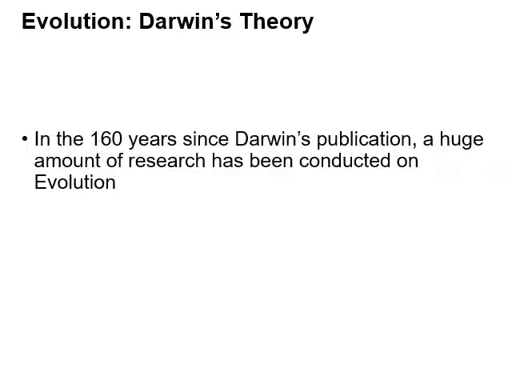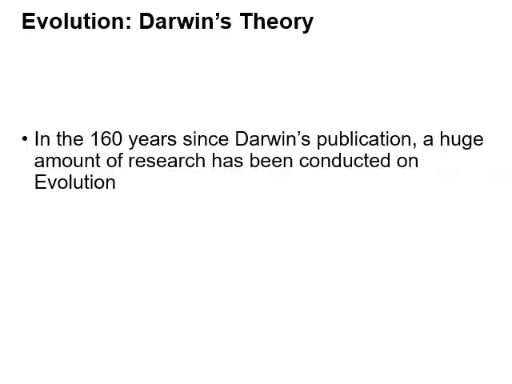So it's now been over 160 years since Darwin first published that very important book. A huge amount of research has been conducted on evolution. And all of that research has pointed to the fact that Darwin was totally right, which is why Darwin's ideas went from the level of hypothesis to the level of theory.